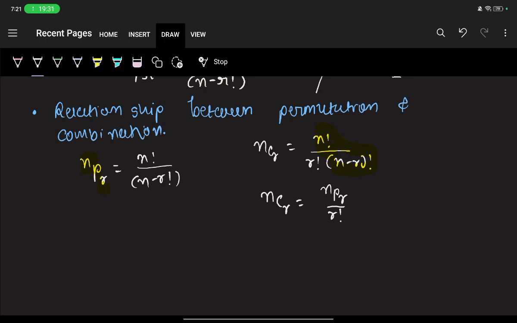There is another formula as well. From here, you can write NPR is equal to r factorial multiplied by NCR. Yes or no?